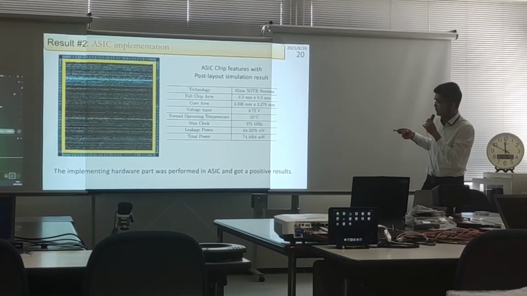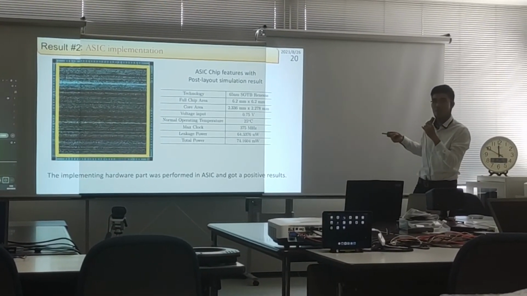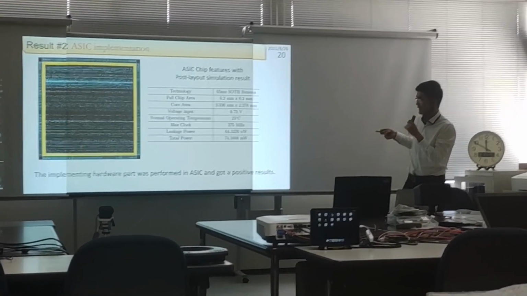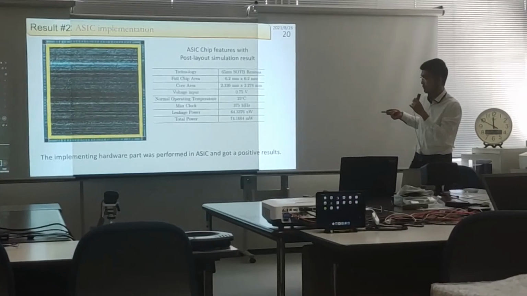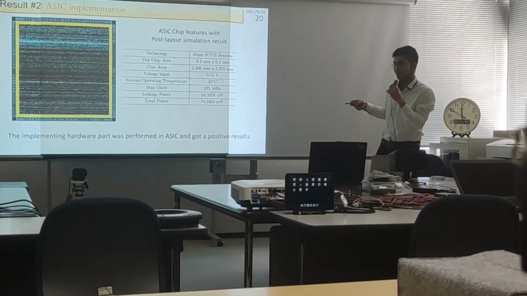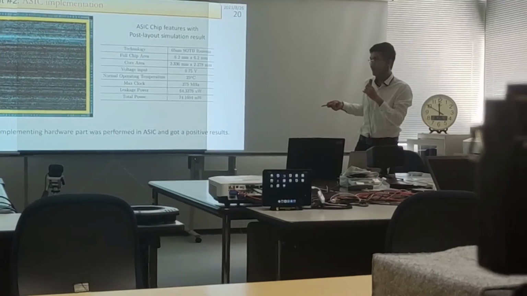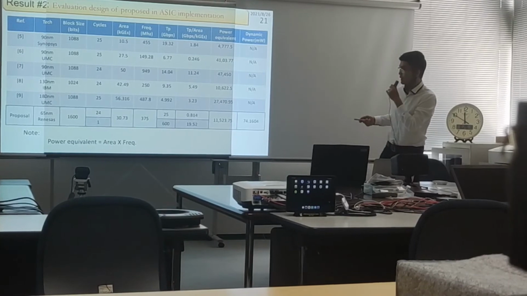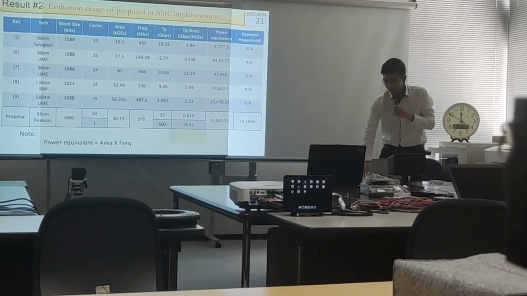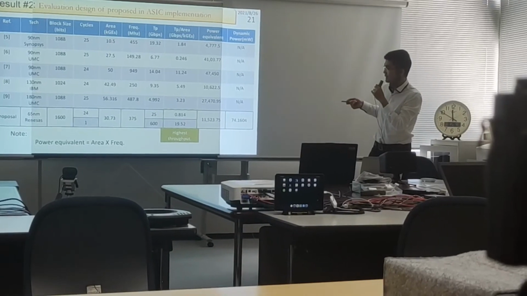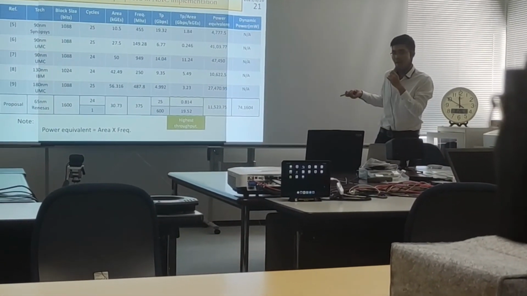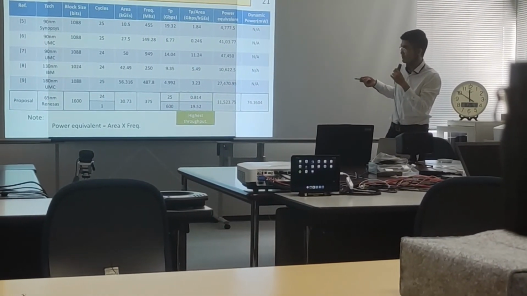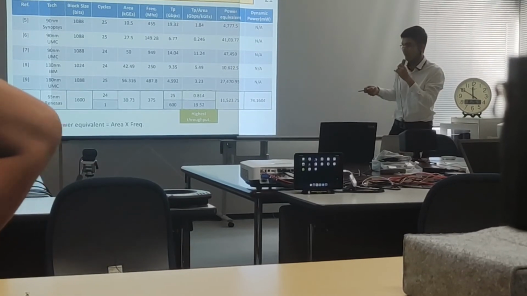The input voltage is very low, only 0.775 volts, and the maximum frequency we can get is 375 megahertz, with a total power of only 774 milliwatts. All of this is from post-layout simulation. Comparing here, our design has the highest throughput because we apply the fully unrolled architecture, but maybe the frequency is not the best in this list because it depends on the technology we have.